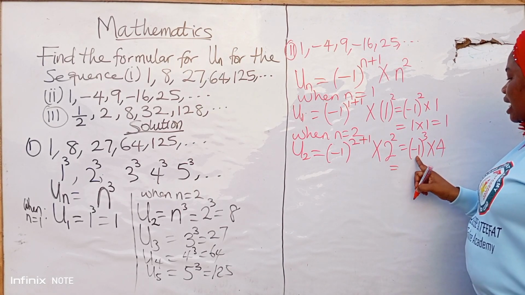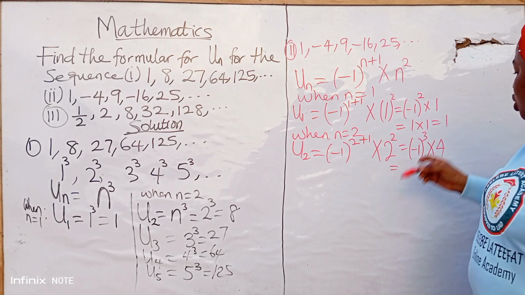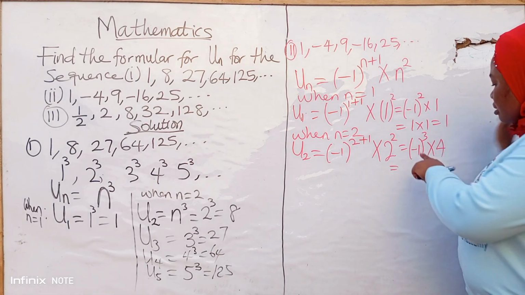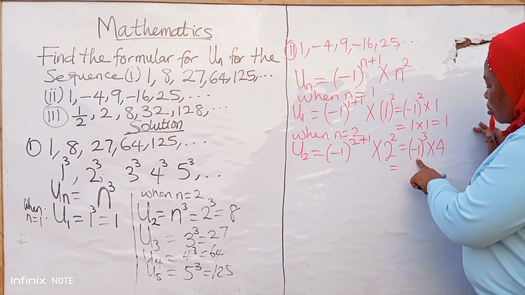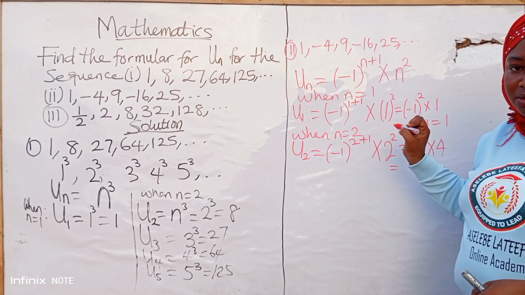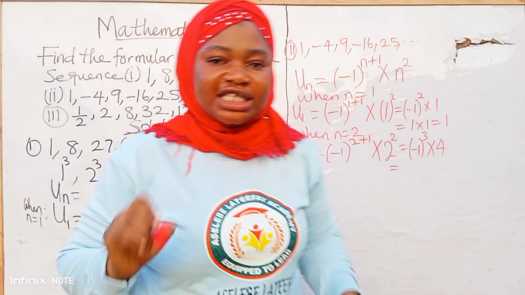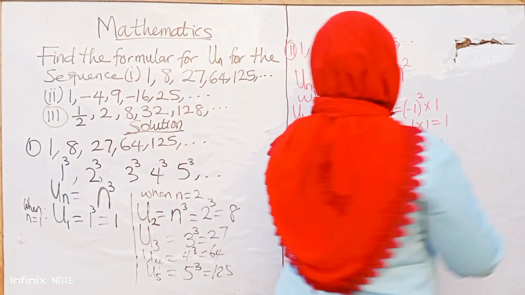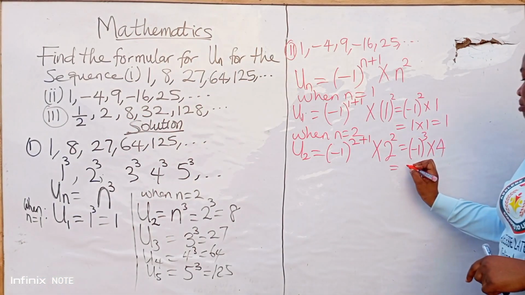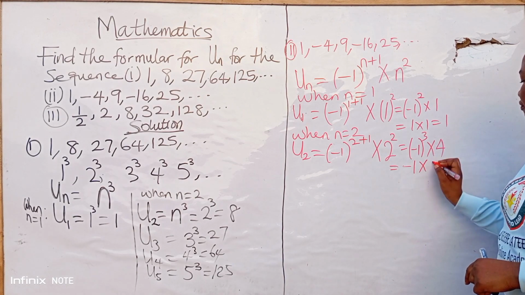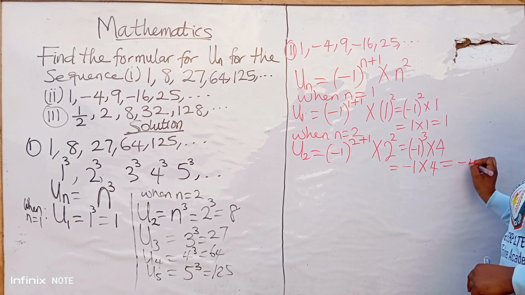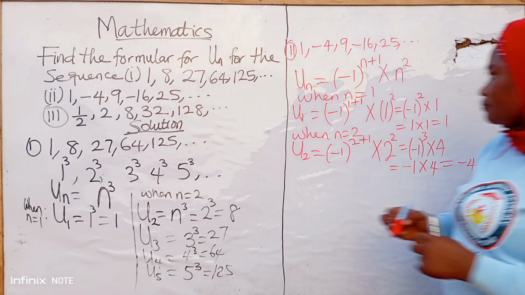And I told you that when you are raising a negative number to an odd power, you are going to get a negative answer. So minus 1 raised to power 3 gives me minus 1. Multiplied by 4 gives me minus 4. Can you see? I think we're in line.